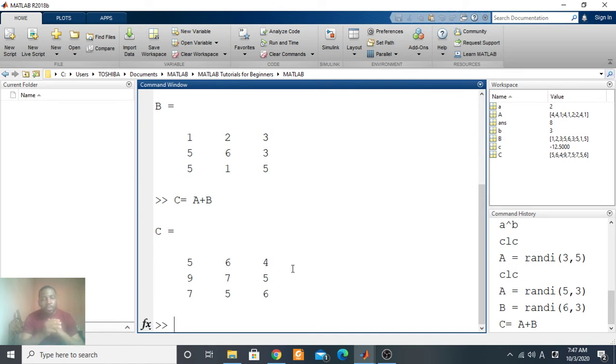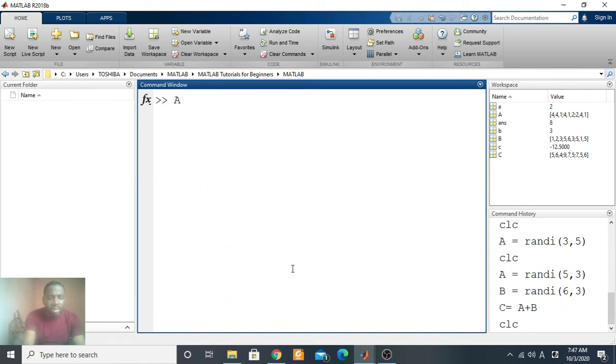All right, so this logic is the same logic when it comes to subtraction, and there is even a possibility of doing multiplication element wise and division element wise amongst matrices, which we are going to see right now. But for that, I think I'll reduce the size of those matrices, so that everything fits into the screen.